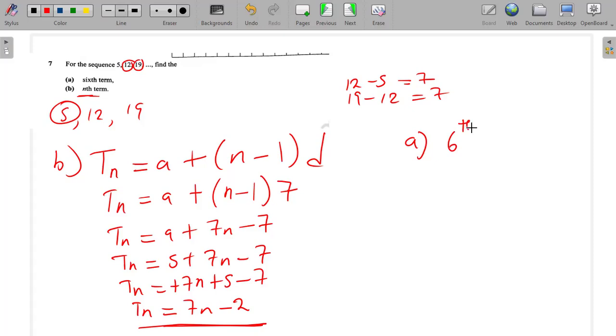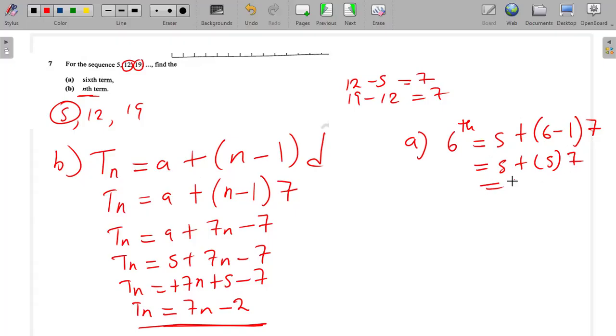In that case, if you're getting the sixth term, we know the expression. The first term is 5 plus, the term we are looking for is 6, then minus 1, then the value of d we are saying is 7. So this is 5 plus, 6 minus 1 which is 5, times 7.